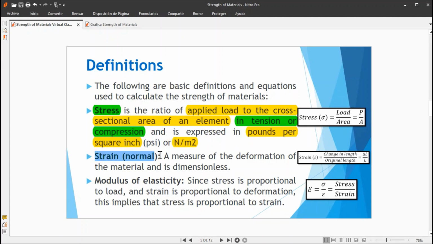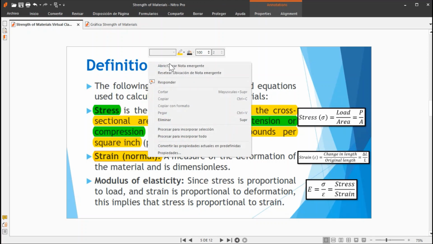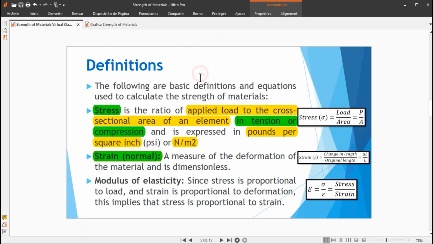Then we have a strain. Now, a strain, we are not talking about an injury that you can get when you fall or something, right? We're talking about a concept of physics. In this case, specifically, strength of materials. A measure of the deformation. It measures the deformation of the material. And it's dimensionless.